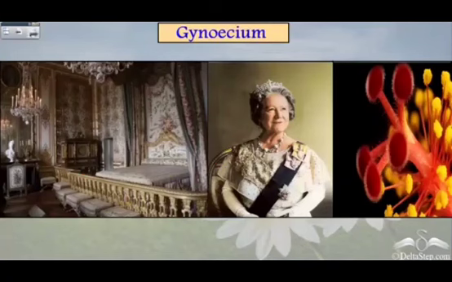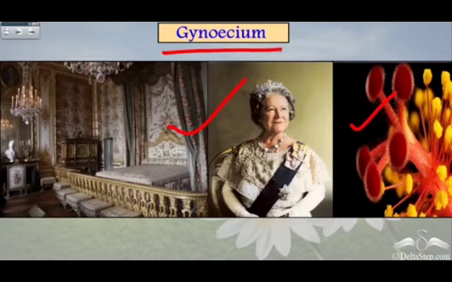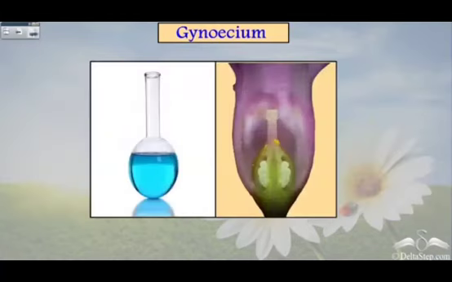Now, as you know, in a palace, there is a different room for the queen. Similarly, the flower also has a different space for its female reproductive part, which is known as the gynoecium. See, over here, you can see the gynoecium of a flower.